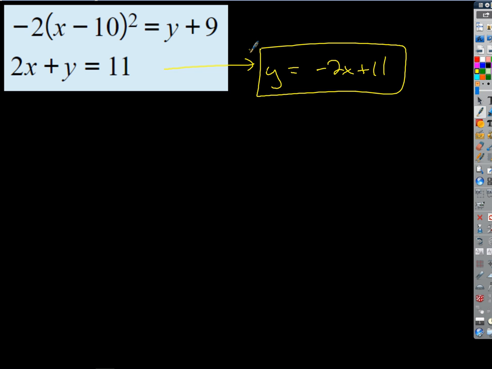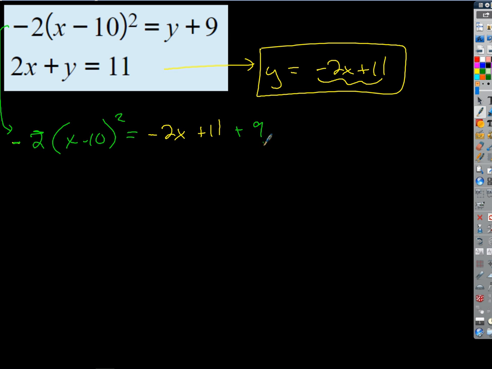So now if we go to the top equation, we're going to get negative 2 times the quantity x minus 10 squared equals y, which is this stuff right there, right? Negative 2x plus 11. And I could put that in parentheses, but I don't really need them this time, do I? Plus 9.